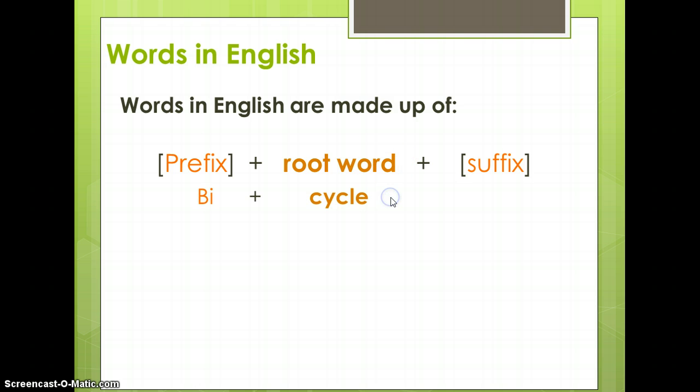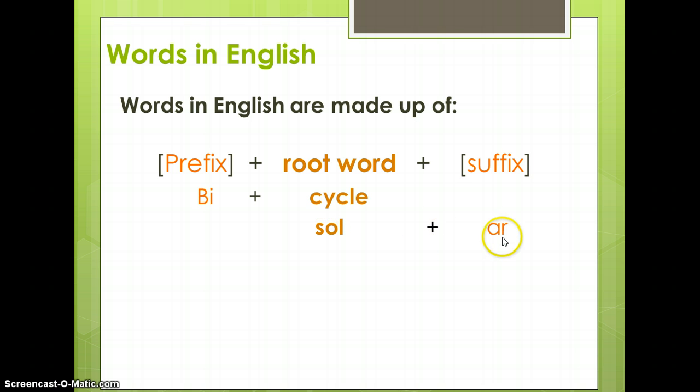Let's take a look. If we take a word like bicycle, cycle is our root word. Bi means two: two cycles, two circles. A word like solar: sol means sun, and AR in English makes the word an adjective.